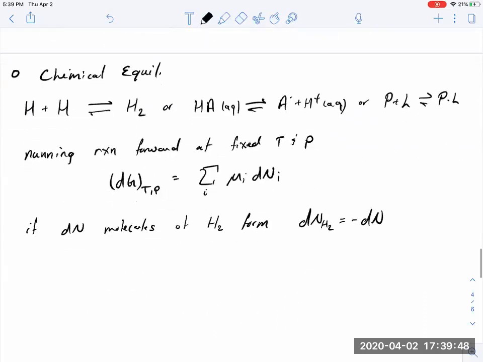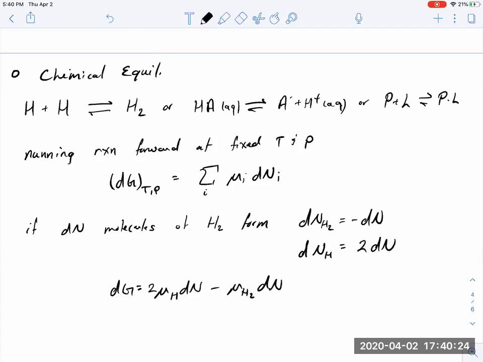And for every molecule of H2 I dissociate, I form two H atoms, so dN_H is going to be then twice dN. So dG is going to be equal to mu H twice dN minus mu H2 dN.